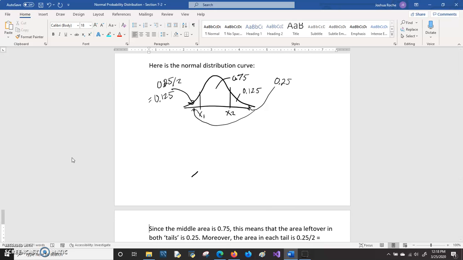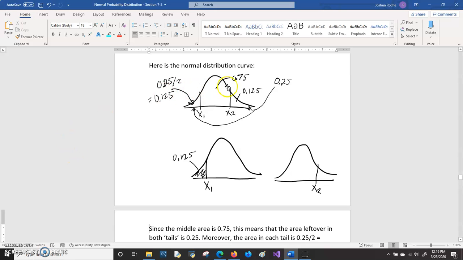I'm going to redraw it one more time just to clean it up. So that means that the area to the left of x1 is 0.125. And the area to the left of x2, the total area, would be if you do 0.75 plus another 0.125.